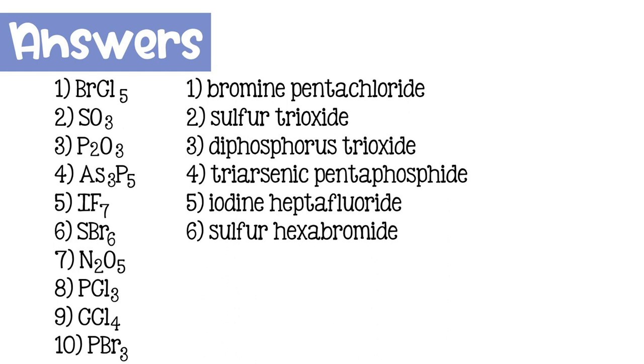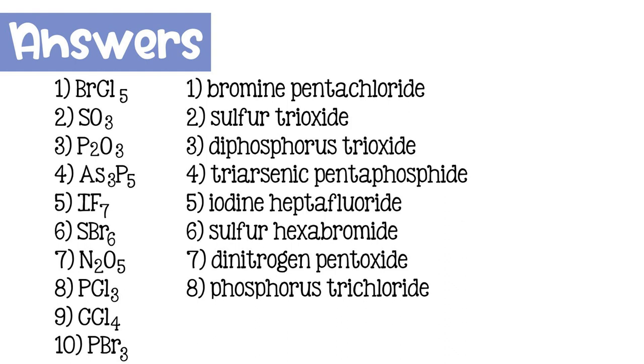That's 2 nitrogens or dinitrogen and 5 oxygens, which we change to pentoxide. So now we look at number 8. That's PCl3. P is phosphorus. Once again, no prefix needed. Cl is chlorine, or in this case, chloride, and 3 can be written as tri, so phosphorus trichloride.